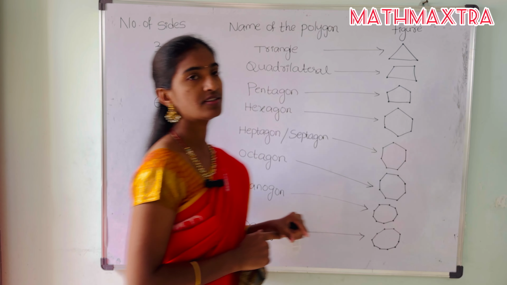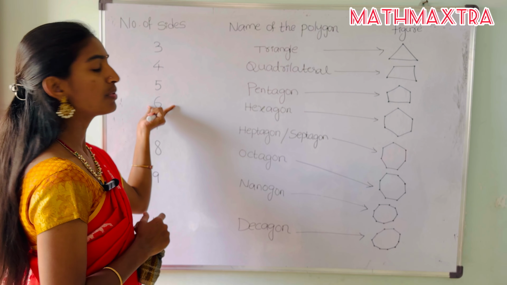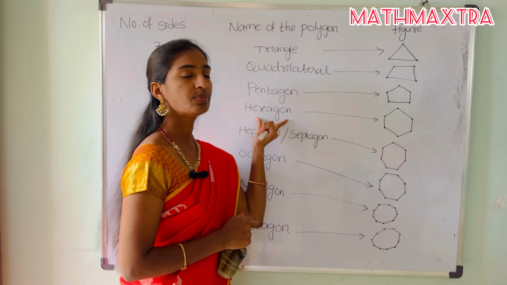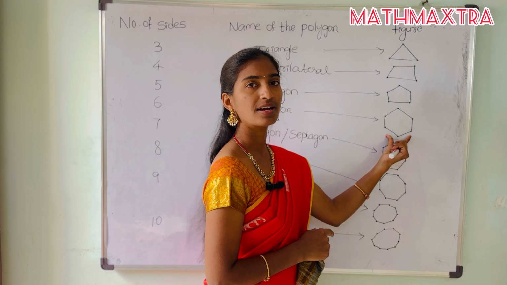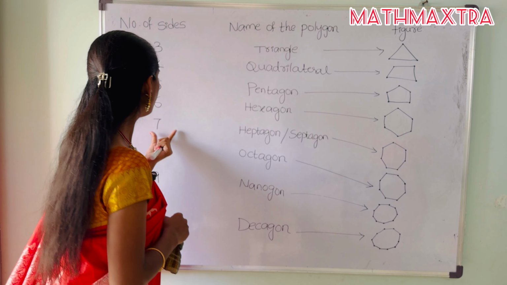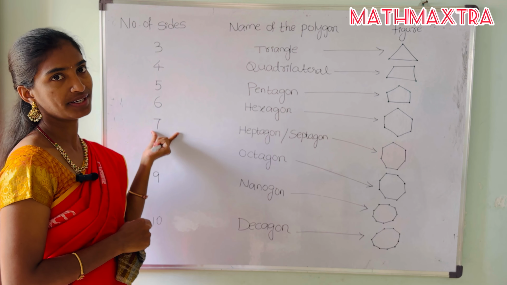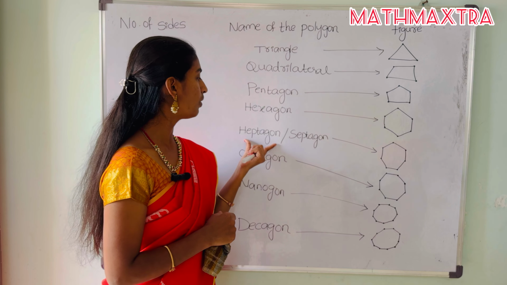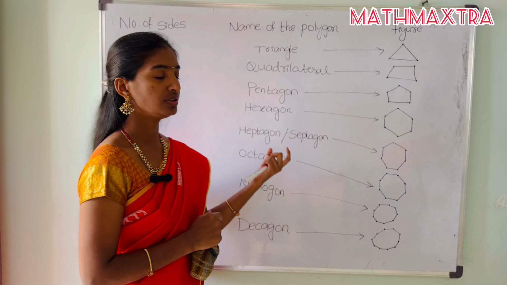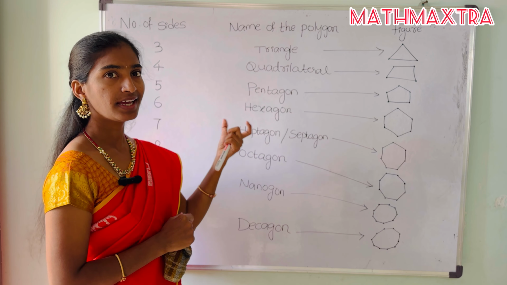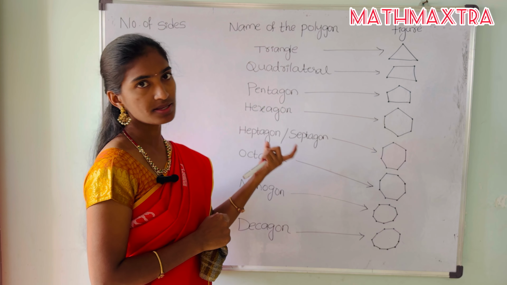Five sides are there. If we have six sides, then we call that polygon a hexagon. See, this is a hexagon. Yes. If we have seven sides, then we can call it either a heptagon or a septagon. You can call it either way.